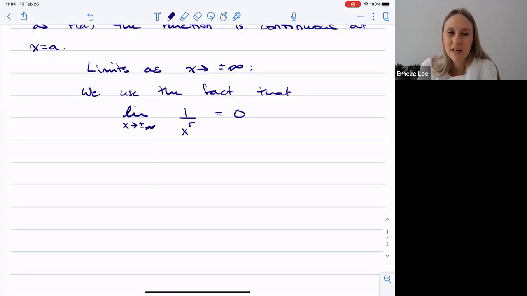We use the fact that the limit as x goes to infinity of 1 over x to the power of anything is going to go to 0, right?